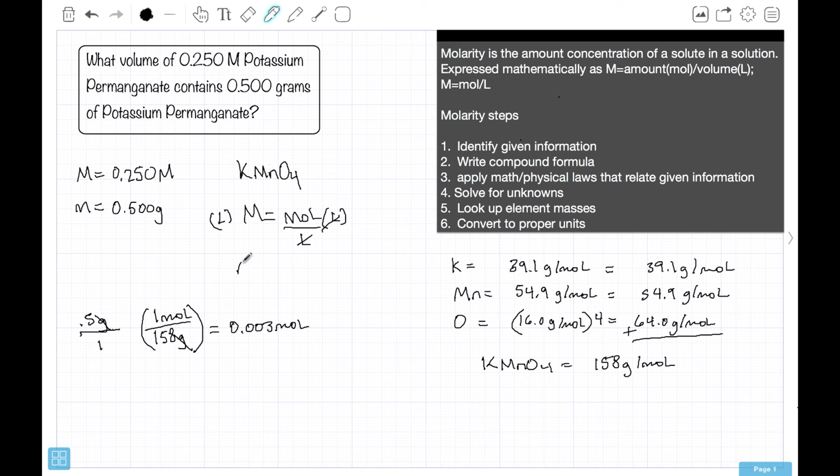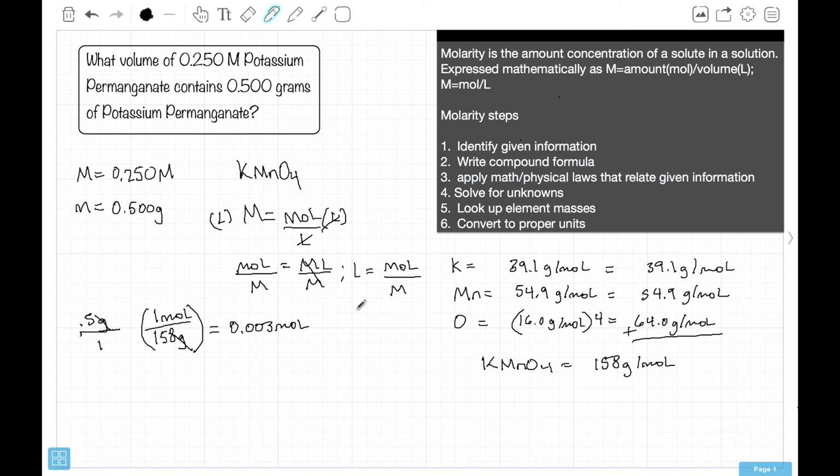And that gives you moles equals the molarity times the liters. And now we're going to divide by the molarity. So our equation now took the form of the volume equals the moles over the molarity.